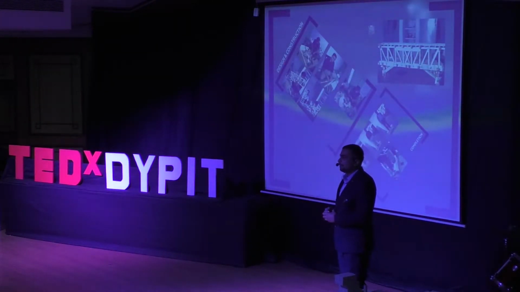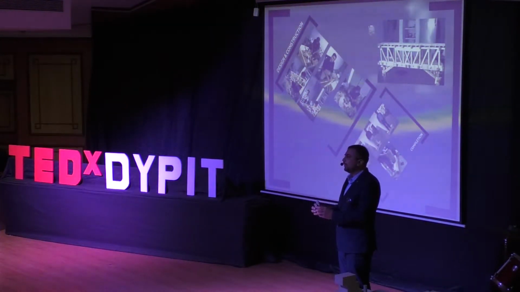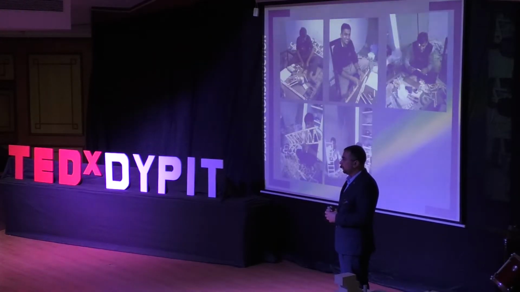Over the course of time, I have realized that constructing any structure involves a process. The process comprises design, construction, and then final handover, after which the entire structure is used. In the design stage, this is one of the aspects I learned during our course of study at IIT Roorkee. This is a bridge which we made out of 9,000 ice cream sticks.